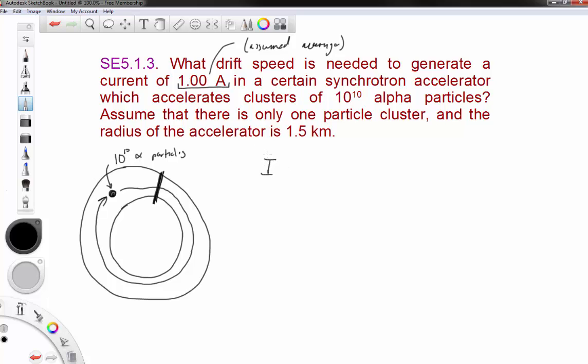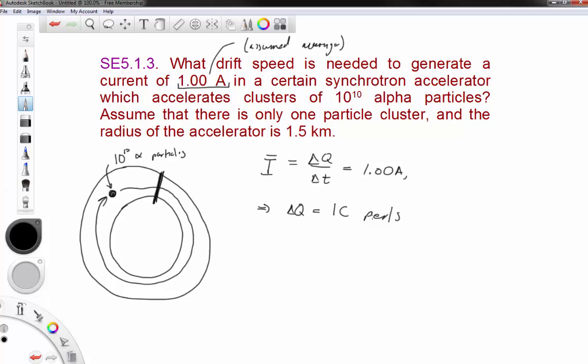So the average current I is delta Q over delta T. If we want it to be 1.0 amp, which is what the problem is stating, then the implication is that delta Q equals 1 coulomb per second.